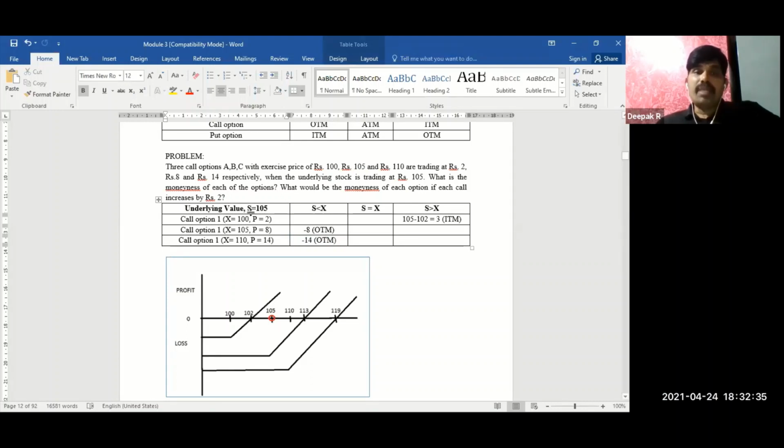Here the belief is that the call option is referred to as a derivative, because the value of the call option in turn depends upon the spot price. They are referred to as derivatives because they derive their value from underlying assets, which are the spot prices that you have considered.